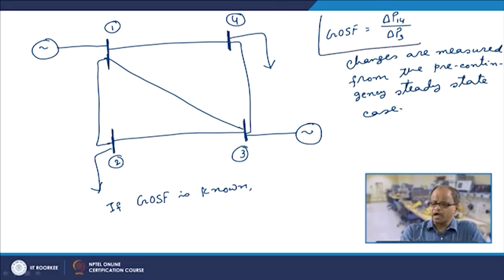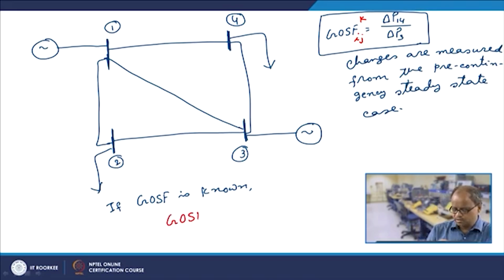Similarly, we will also have to define GOSF for each and every combination. For example, for our case, let us say this GOSF is Ij due to k. When I say GOSF with a subscript Ij and a superscript k, it only says that this is del Pij by del Pk.